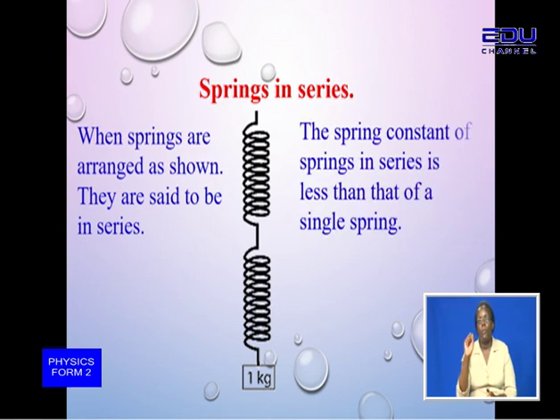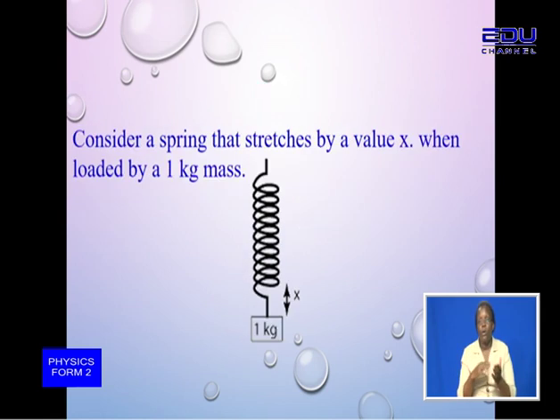So the spring constant of this sort of spring is less than that of a single spring. And that is what we are going to go through and prove.